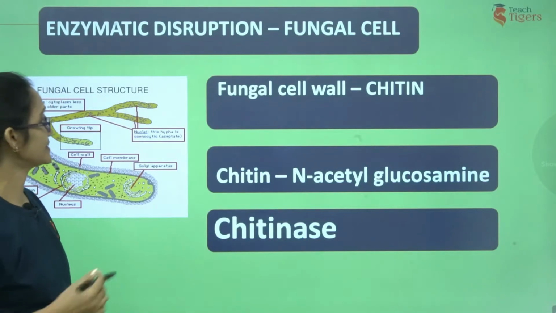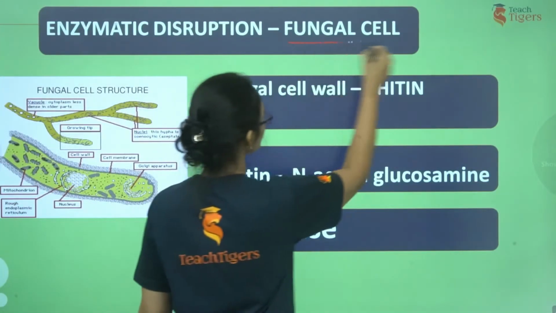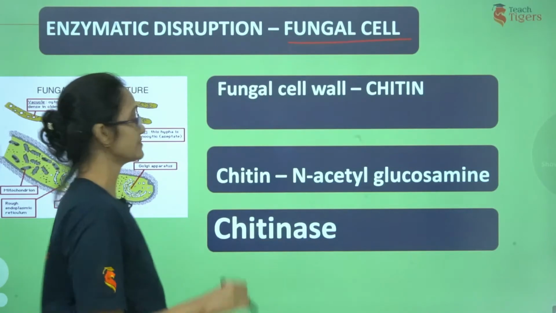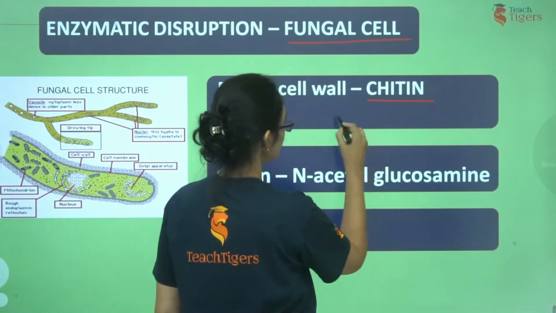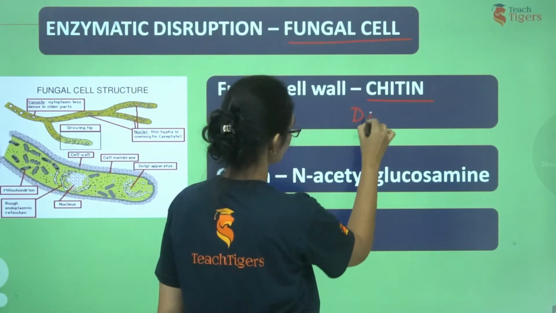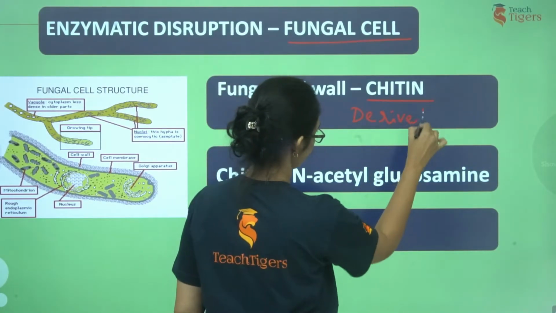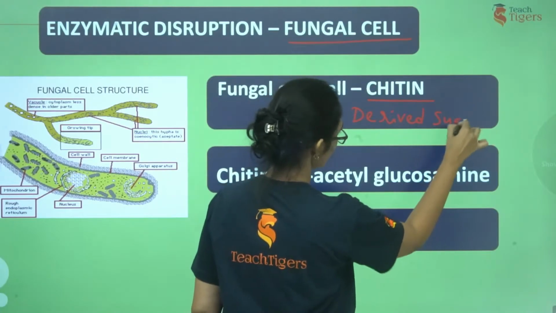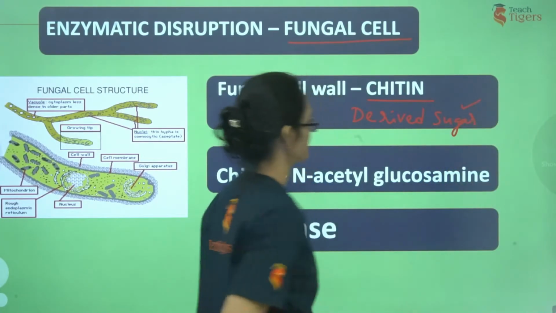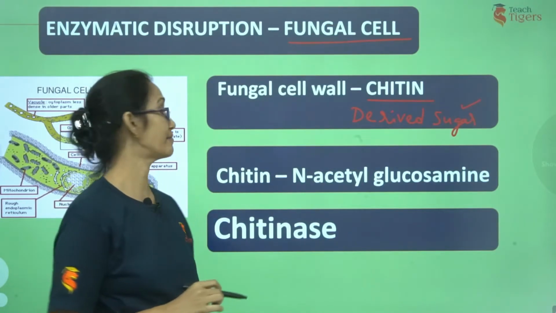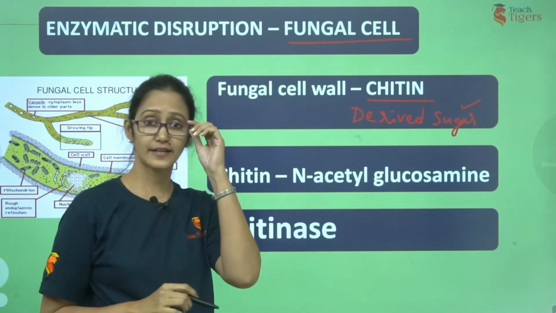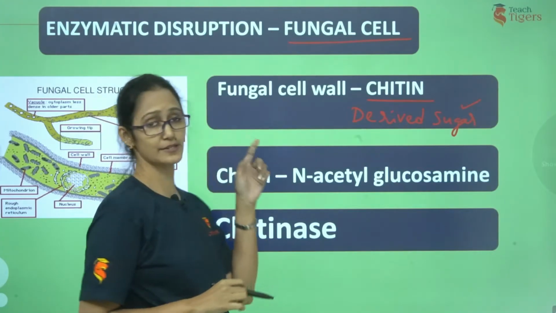Now, if our sample is a fungal cell, what are we going to do? As it is, the fungal cell wall is made up of chitin. Chitin is again a derived sugar. So where did we come across chitin, can you remember? Yes, we have learnt it in the lesson biomolecules of class 11, where we learnt about chitin as a derivative of sugar, a complex sugar.